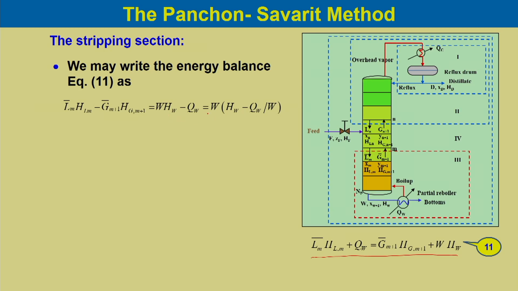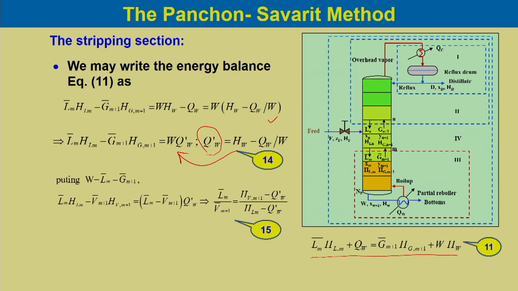By rearrangement we can write Lm bar HLm minus Gm plus 1 bar Hgm plus 1 equal to W into Qw dash. Here Qw dash is Hw minus Qw by W. This is equation 14.